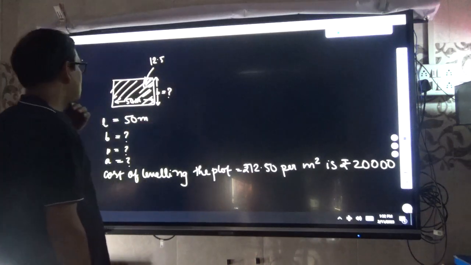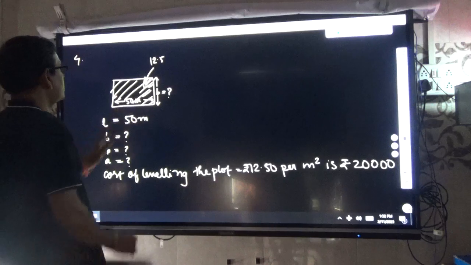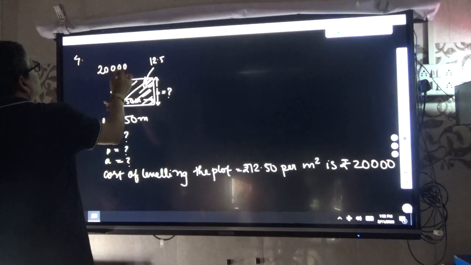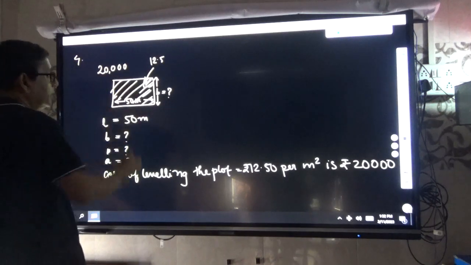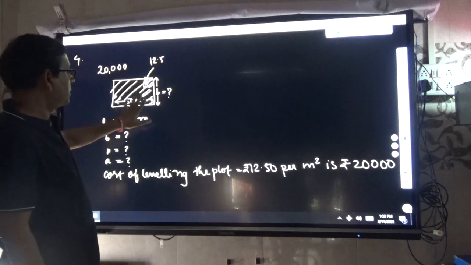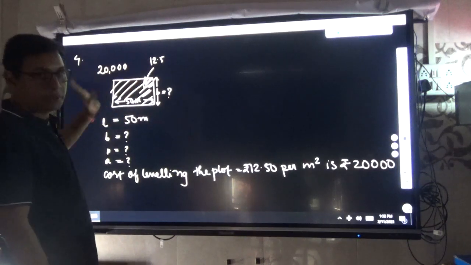Correct? So the entire area cost about 20,000 rupees. This is 20,000 rupees I spent in covering the entire area. Means total square meters into 12.5 is equal to this.